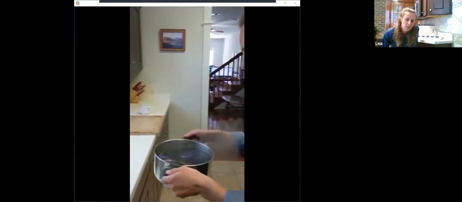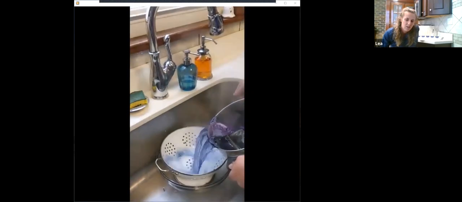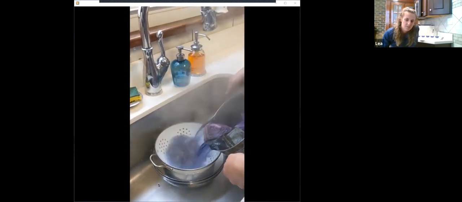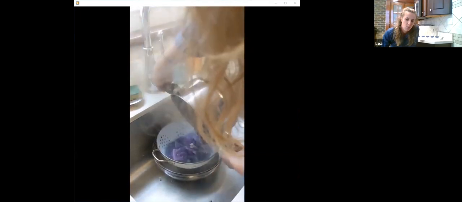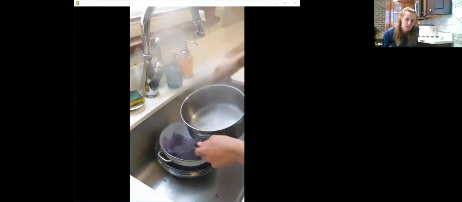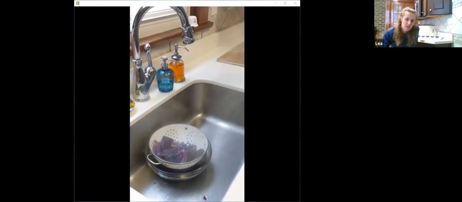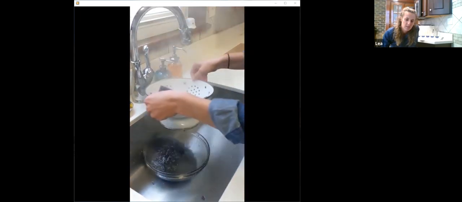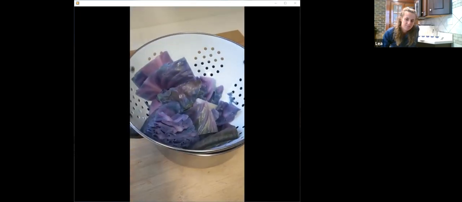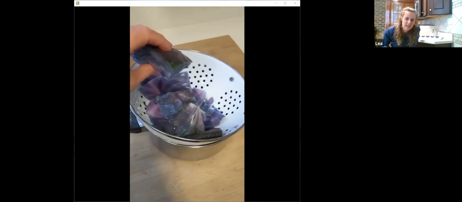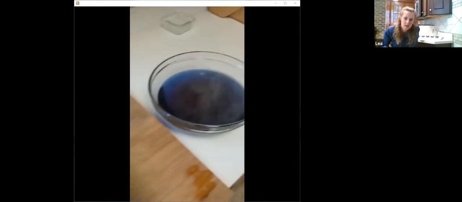Once it's cooler, you'll bring it over to your sink and strain out those cabbage leaves. You're going to pour the water into another bowl and strain out the leaves so you're left with just the liquid. You can see we've taken out some of that red color, and we're left with the juice.